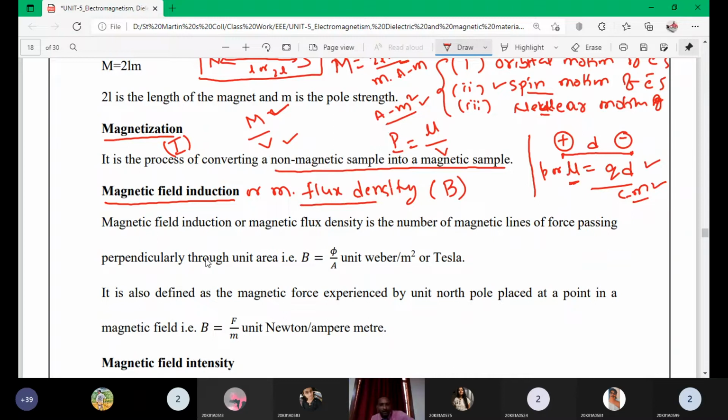Electric flux density or charge density: what is the definition? Charge density sigma. Electric charge density, surface charge density, volume charge density. What is the definition here?